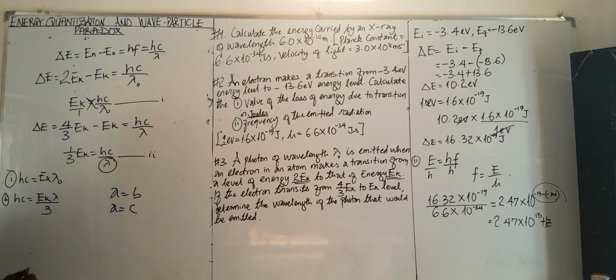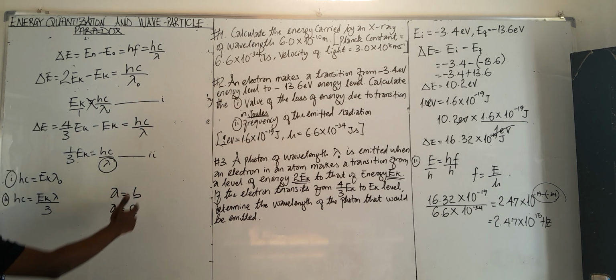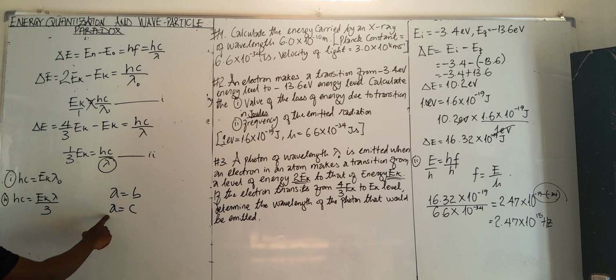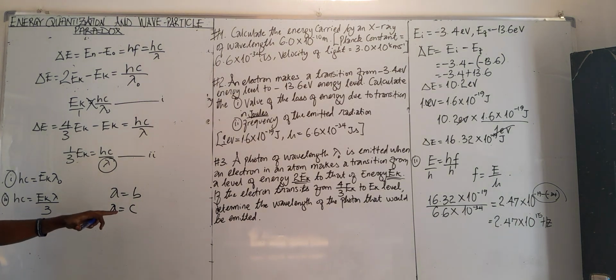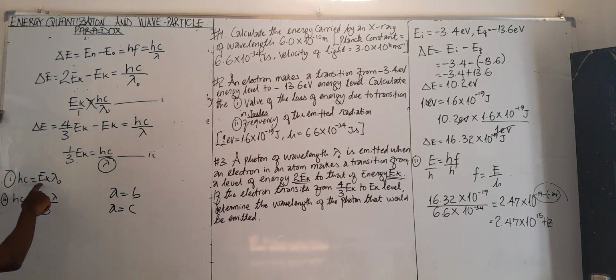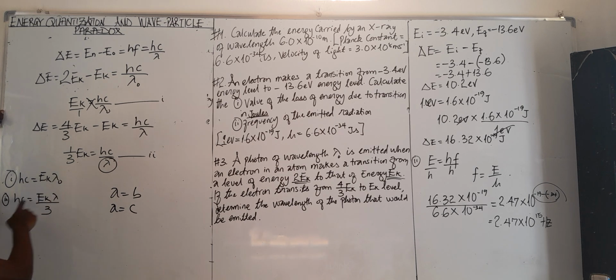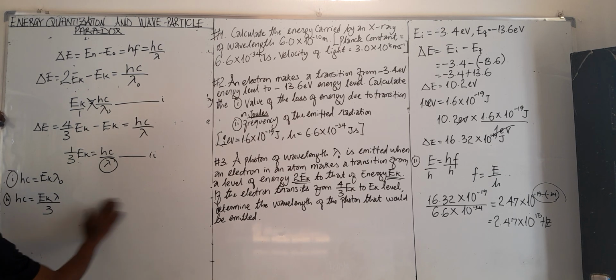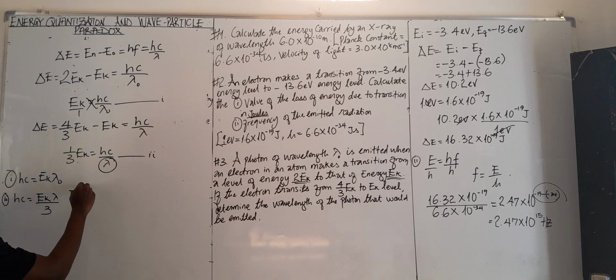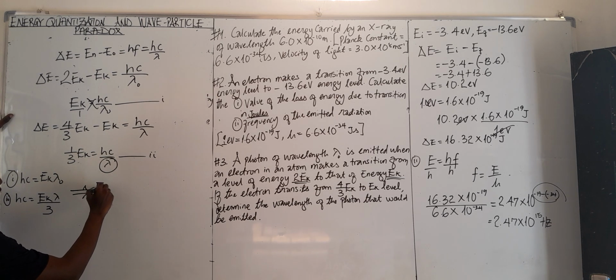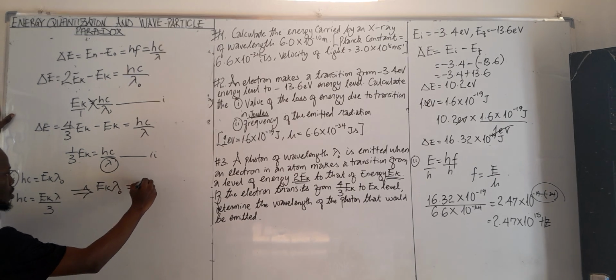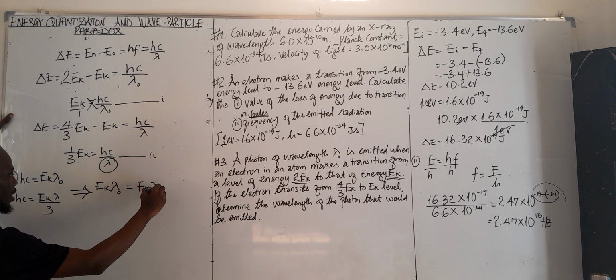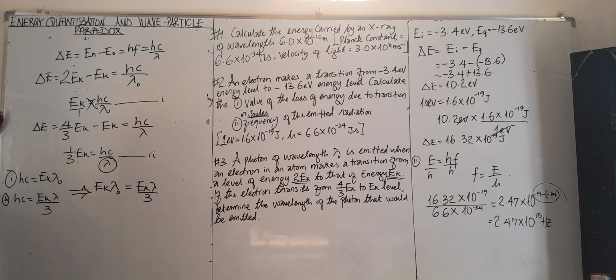Now if A is equal to B and A equal to C, can you tell me another thing that is equal? B is equal to C. If A equals B and A equals C, it means B equals C. Now, hc equals EK lambda naught, and hc equals EK lambda over 3, which means EK lambda naught equals EK lambda over 3.